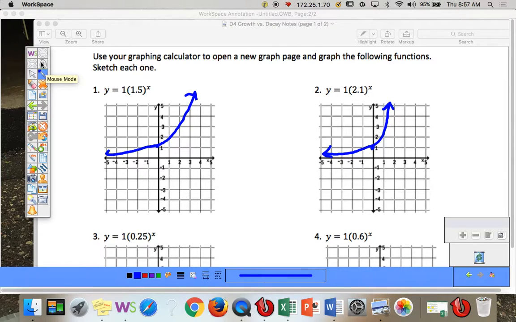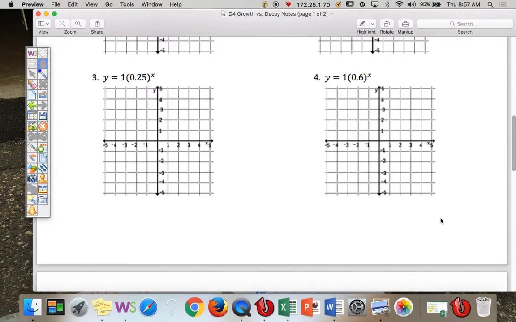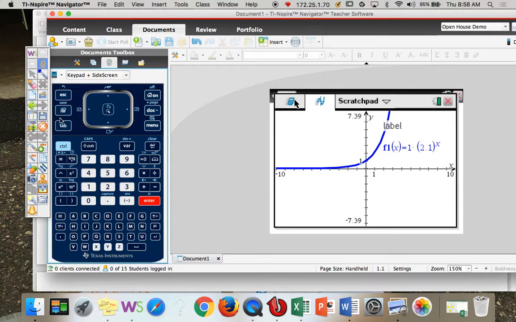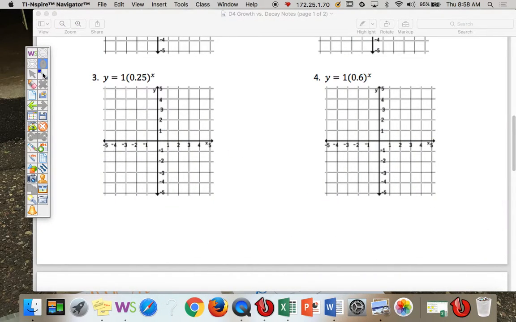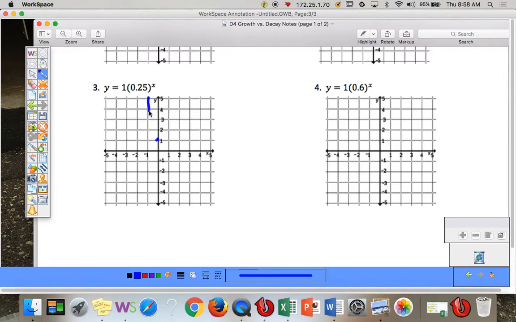All right, let's take a look at the next two and graph those. Again, I'll hit tab and go up and just edit the ones that I have. The first one's 1 times 0.25. And this one, again, goes through 1, but it starts up and it goes down. So it looks something like this.